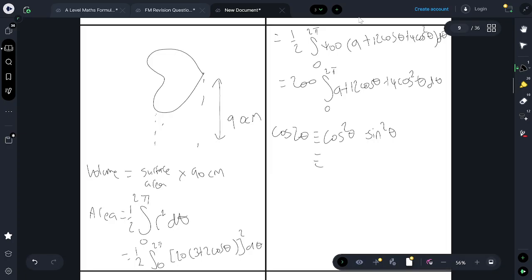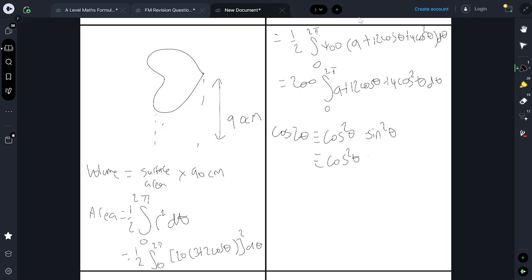But yeah, so then we can use the Pythagorean identity. Cos squared and sine squared is 1. So get rid of the sine squared to just get cos squared. Cos squared minus 1 minus cos squared theta. And that boils down to 2 cos squared theta minus 1.